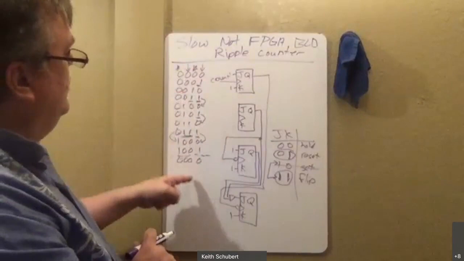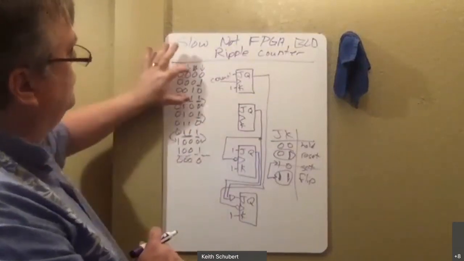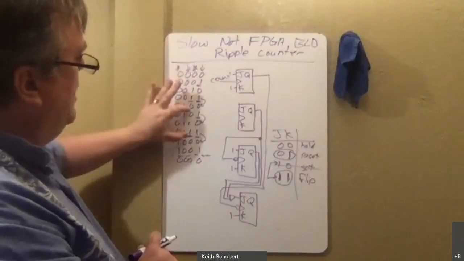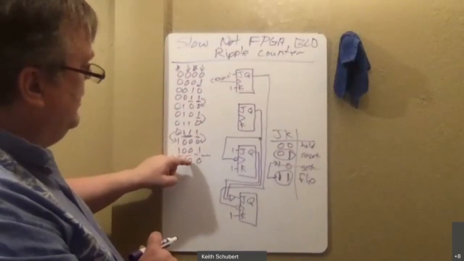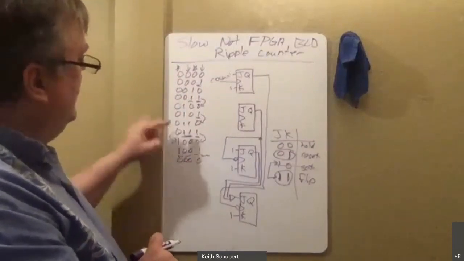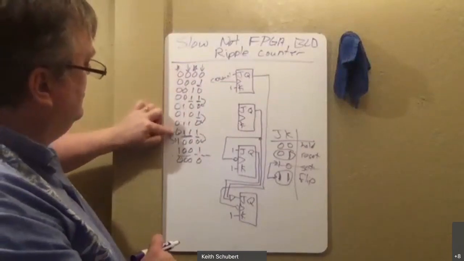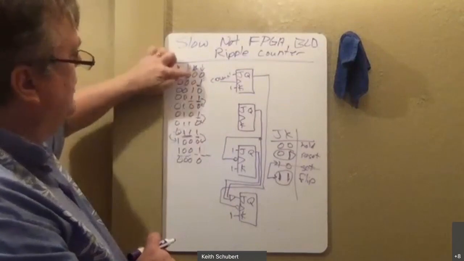I only have to deal with this one last kind of special case. And it looks pretty normal, right? Repeat block, repeat block. The only time it's different is I don't go to a 1 here, I go to a 0. So that means that whenever this is 0, this is counting normally.